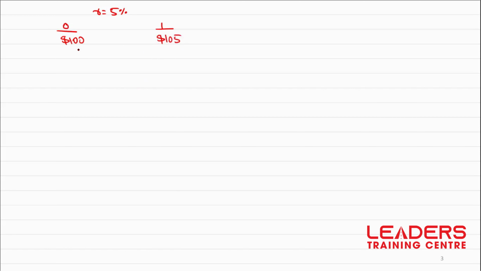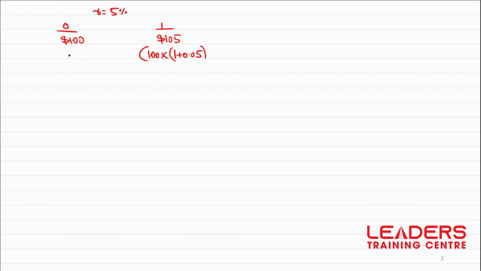The way we could quickly calculate this is, one way is you take the 5% of 100. 5% of 100 is $5, and you add $5 to 100, and that becomes 105. Or alternatively, we could say 100 into 1 plus 0.05. Where did the 1 come from? 1 is our base investment.